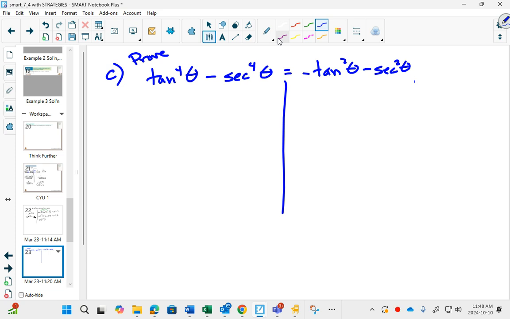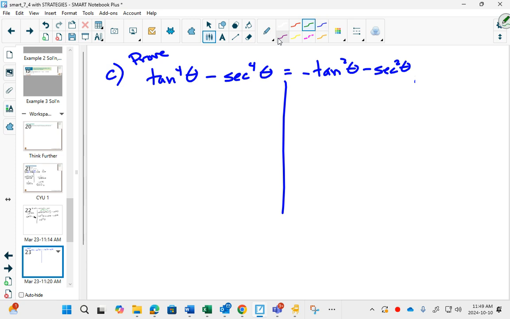Tan squared theta plus 1 is secant squared theta. So I could change a tan squared or I could change a secant squared on the right-hand side. But what do I do with those 4s? Because the formula doesn't have a 4 in it. Okay?